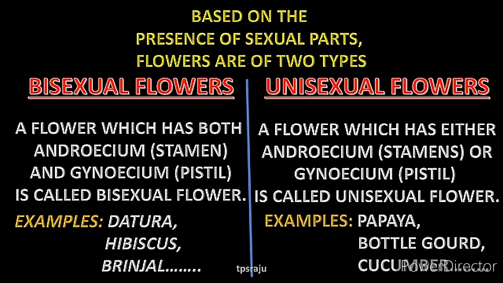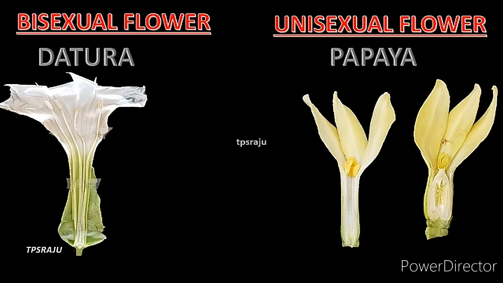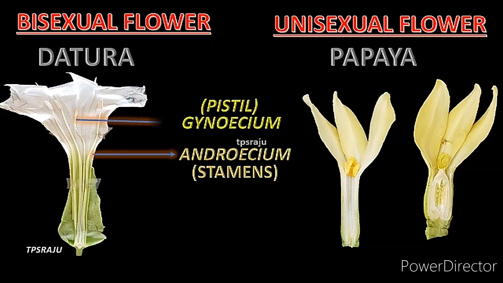Example: papaya, bottle gourd and cucumber. In datura, the flower has androecium and gynoecium. Hence, it is a bisexual flower. But in papaya, the flower has either androecium or gynoecium. Hence, it is a unisexual flower.